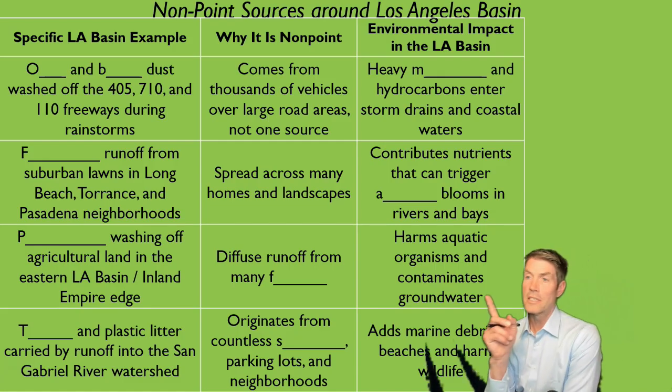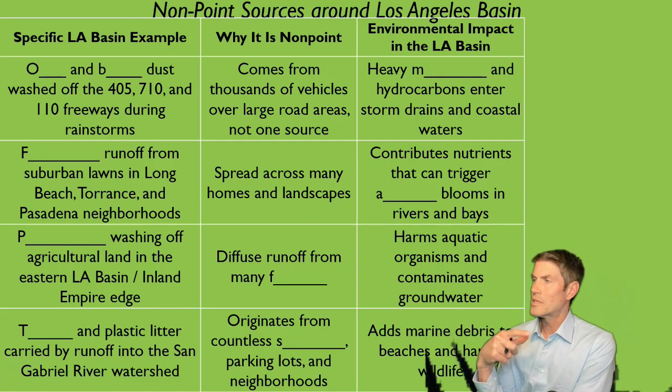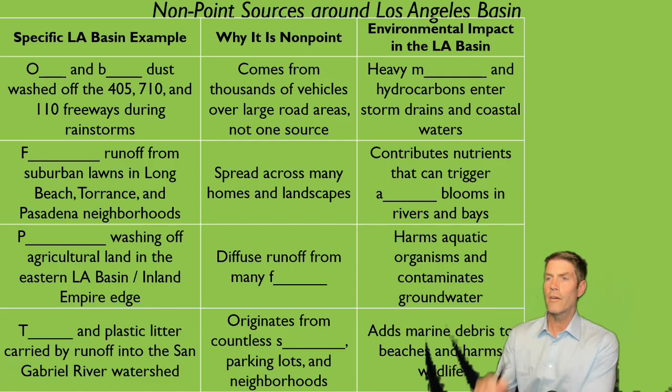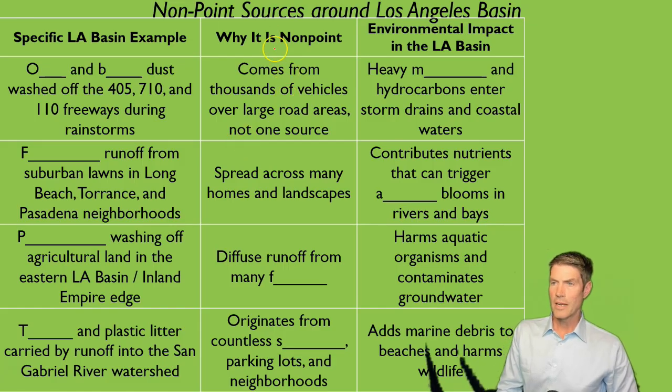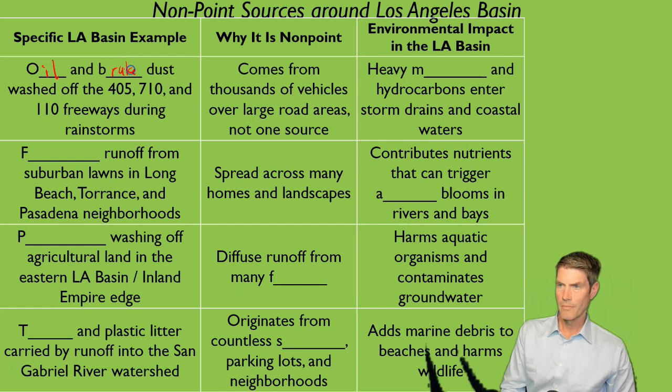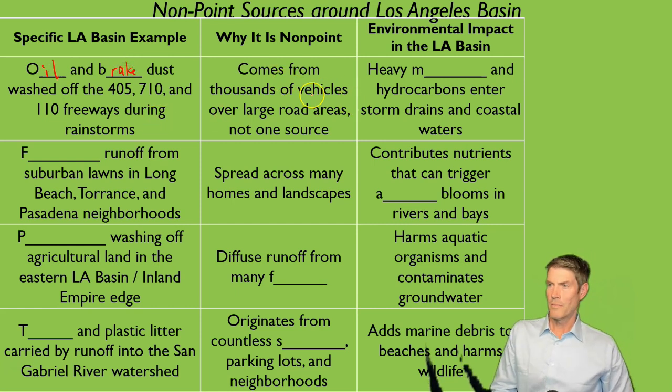So that's point source stuff. Here are some non-point sources around our area. Oil and brake dust washed off all of our freeways is a perfect example. It comes from thousands of vehicles. You know how many cars are out there. And there's heavy metals in there, hydrocarbons.